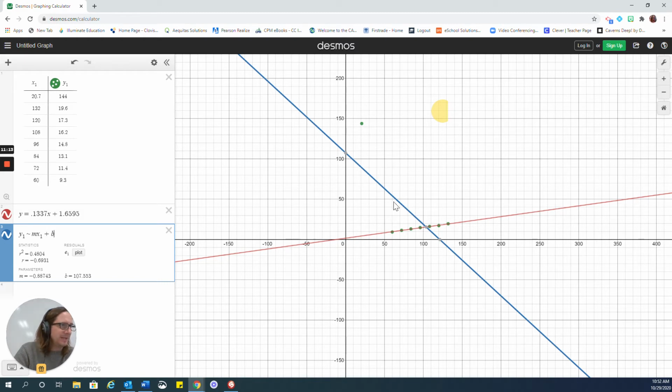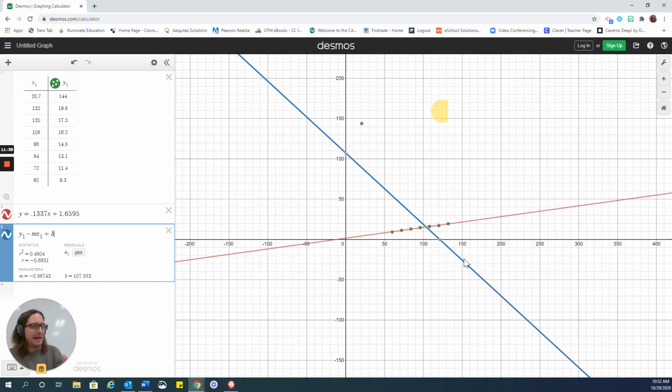And now the blue line does not actually reflect what's happening with all the other points. The outlier has skewed our line so that it no longer accurately reflects the majority, because these are the majority of our points. Now with an outlier in there, the least squares regression line will no longer model the majority of the points because that outlier is throwing it off.